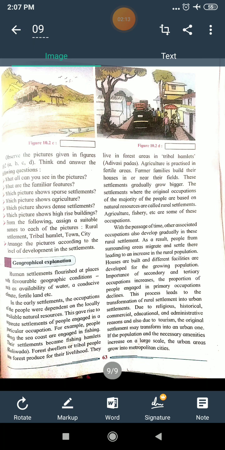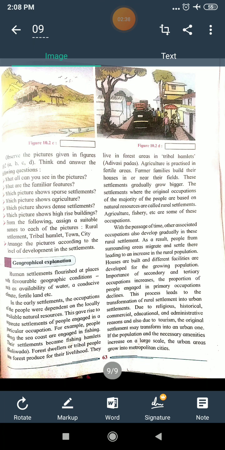Whatever the geographical conditions prevailing in that area, according to that the human is getting settled. So what are the conditions then? Availability of water, a favorable climate or fertile land. If all these factors are favorable, then the humans settle over there.